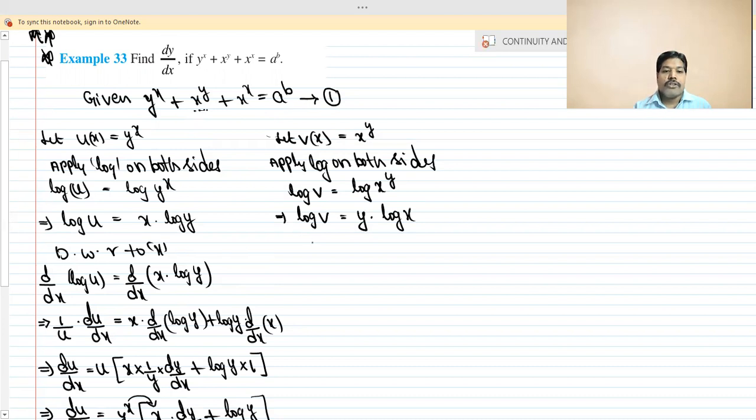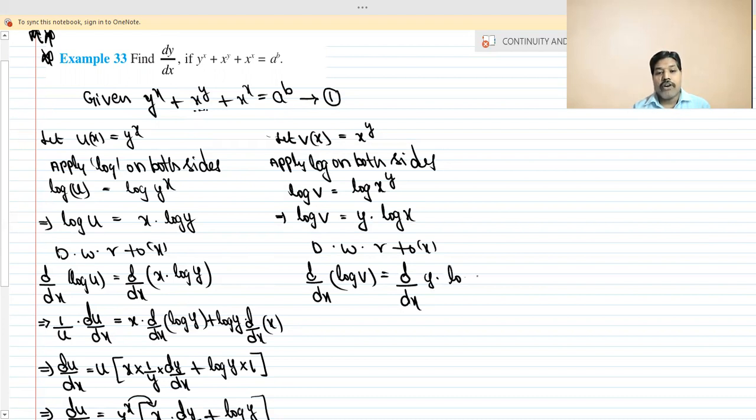Then just differentiate with respect to x. The derivative of log v is equal to the derivative of y into log x.